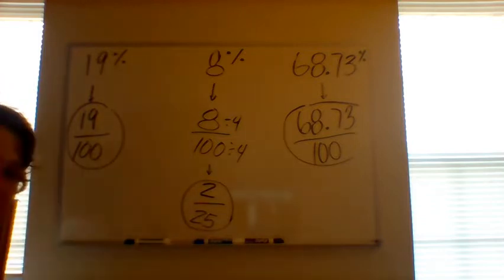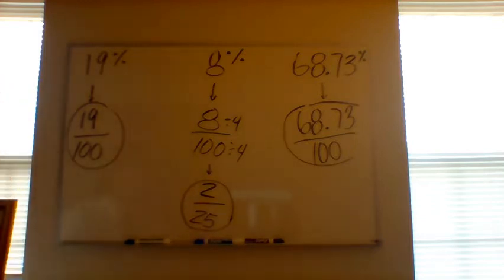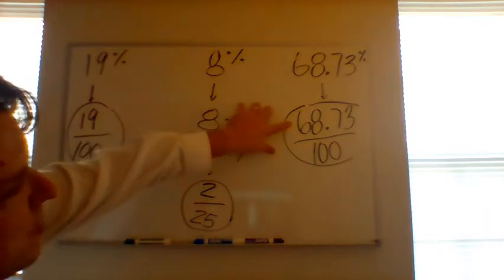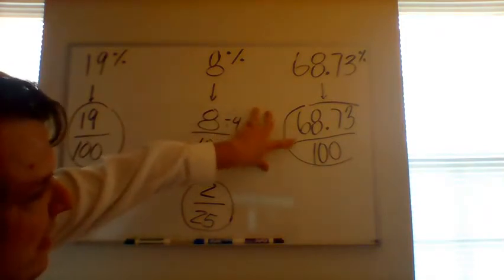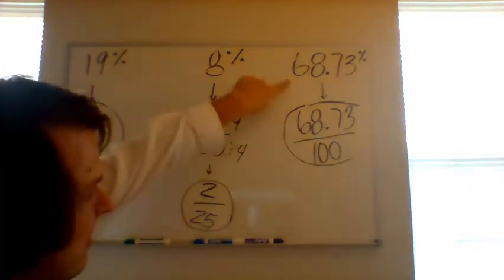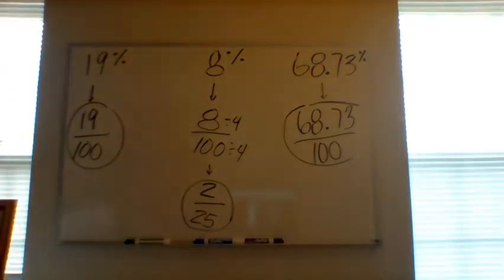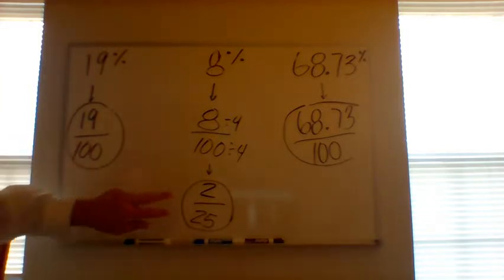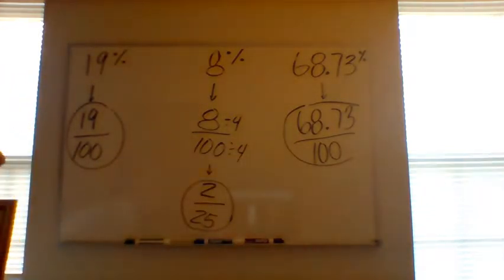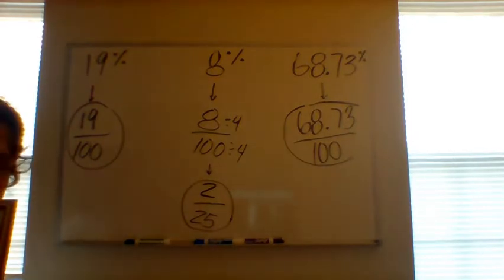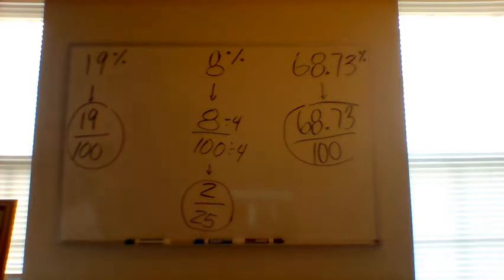And the last one, if you took 68.73 and clicked divide by 100, it would give you the decimal answer. Because that's the easy part if you have a calculator, the question is, what if I make you do it without a calculator? How do we take a percent into a decimal without a calculator?